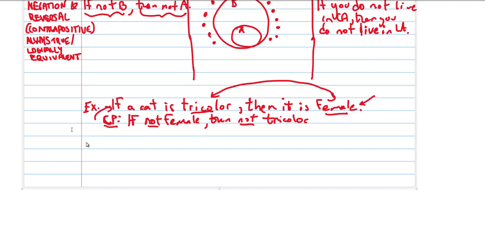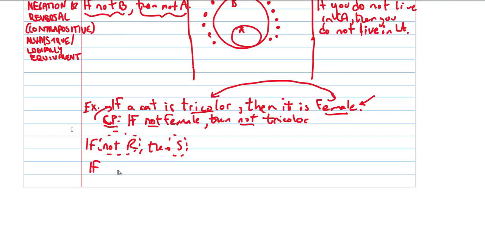Also, this will show that the way that we form the contrapositive is consistent from statement to statement, from conditional to conditional. So if we have a statement that is something like if not R, then S, and we want to form the contrapositive, we can see that our hypothesis is not R and our conclusion is S. So what we will do is swap those.